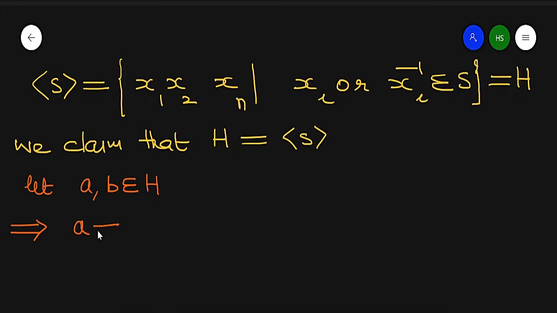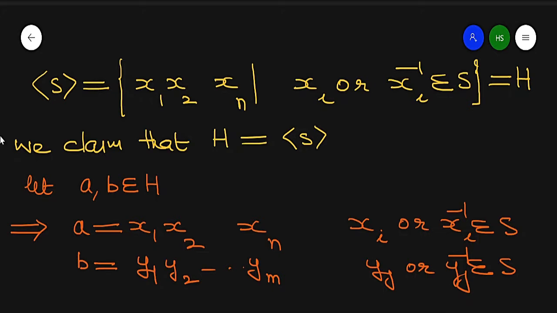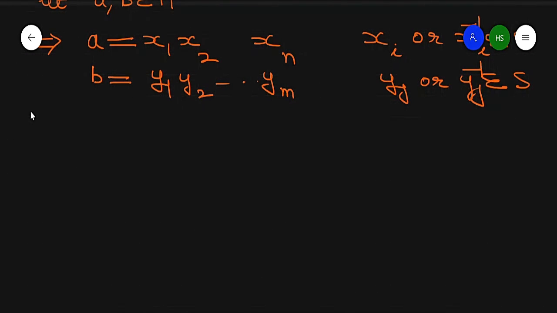It means a is a finite product of elements, a = x1 x2 up to xn, where xi or xi inverse belongs to S. Second, for b, I take y1 y2 up to ym, where yj or yj inverse belongs to S. Now I take two elements, each a product of finitely many elements.